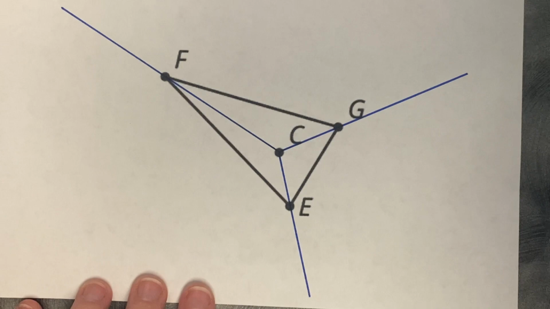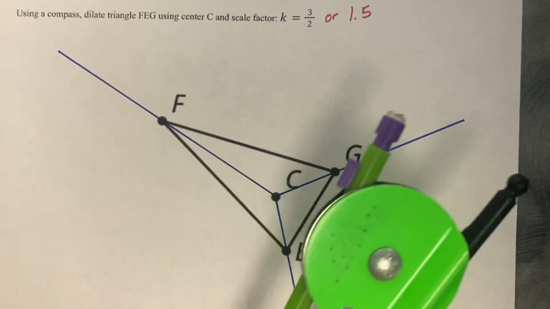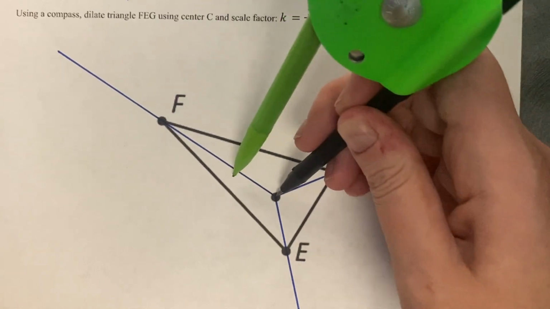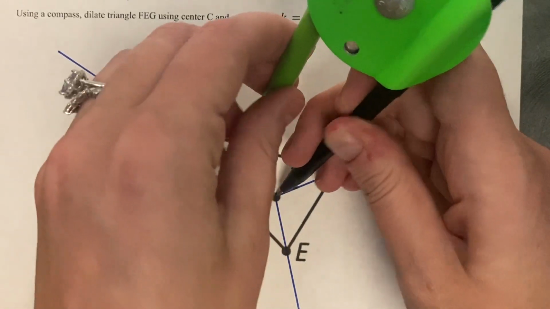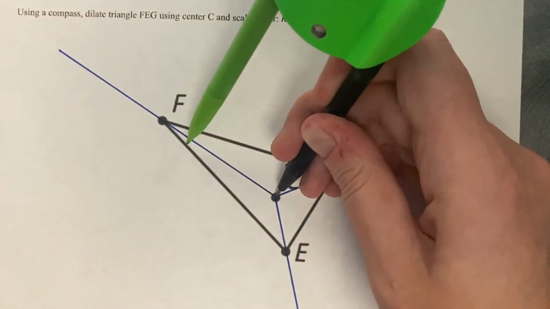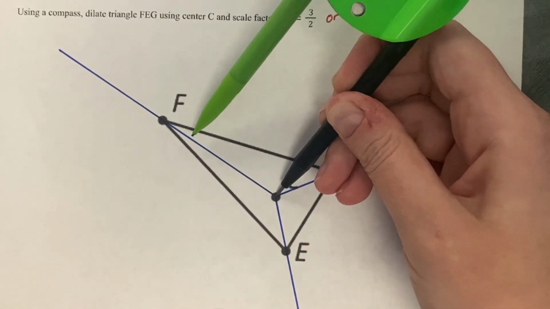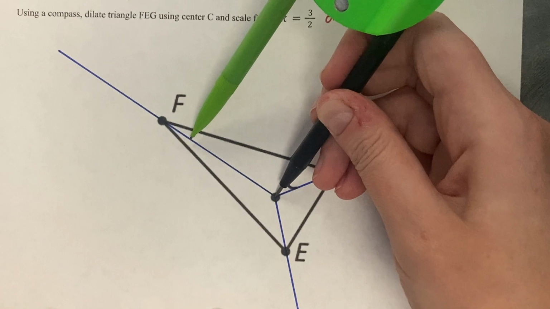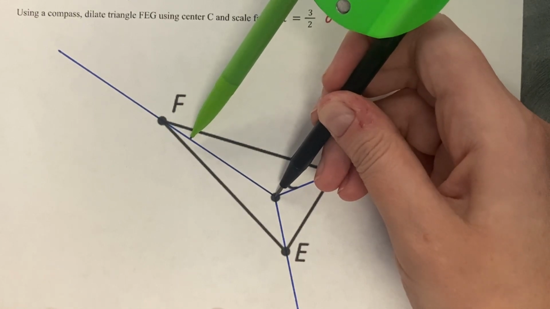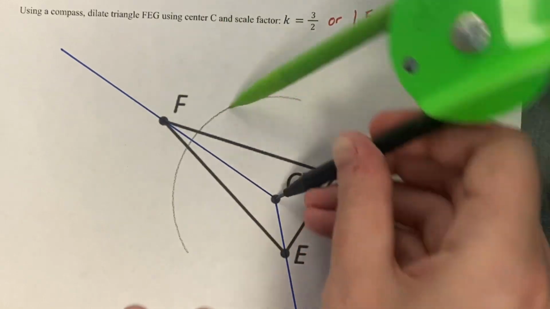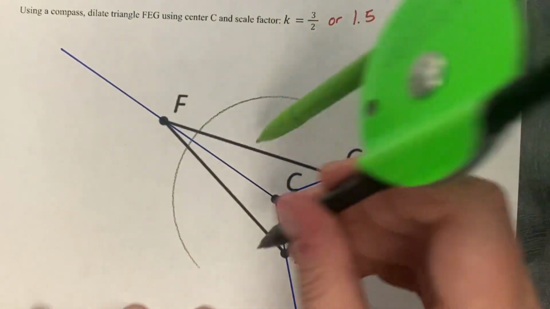To get the midpoints, of course, again, you could use a ruler, but some of us are not so good at using rulers. You can use a compass to find the midpoint between each of our endpoints and our center of dilation. So place your anchor on your center and open your compass more than halfway between your center and your vertex. And we're going to make our perpendicular bisector construction.